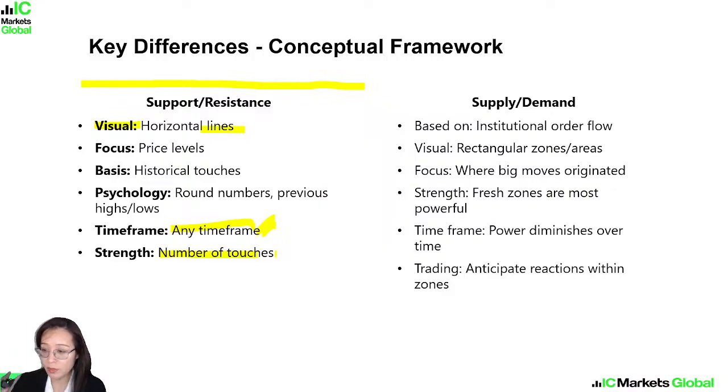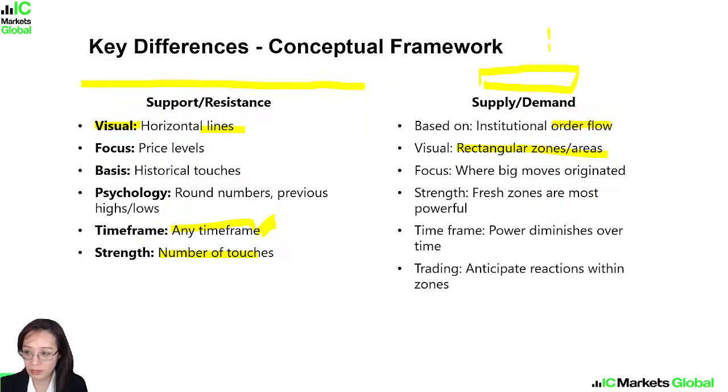For supply and demand, they are based on institutional order flow. We're going to highlight the zone, a rectangle, the zone or the area. That's why we call it a demand and supply zone or area.